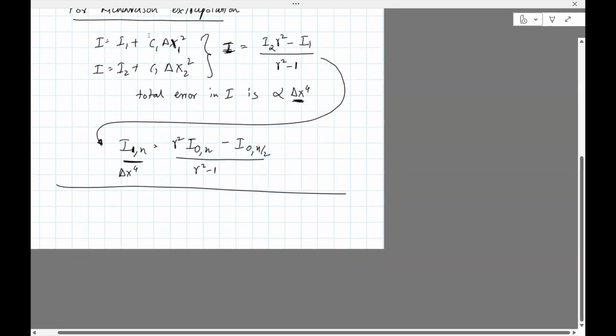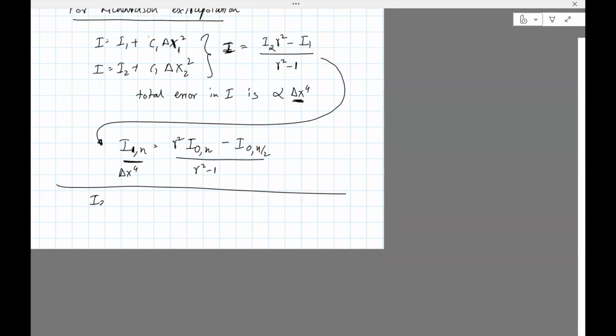Now, what we can do is we can use it again. We could say that I2,n is r square I1,n minus I1,n divided by 2, r square minus 1. So note, I've done the same formula, except that I've changed the iteration number from 1 to 2. And this will come out. So this one was accurate to delta x raised to 4. It turns out that this will be accurate to delta x raised to 6.